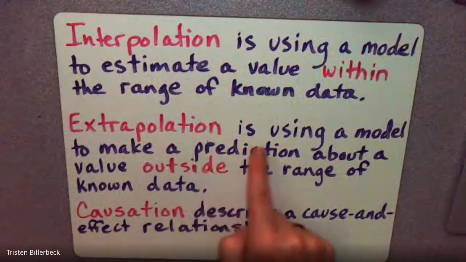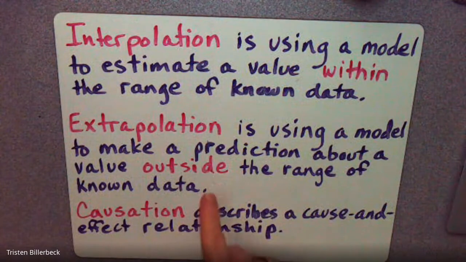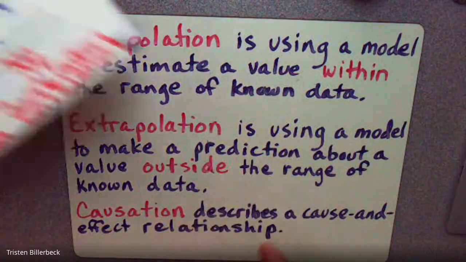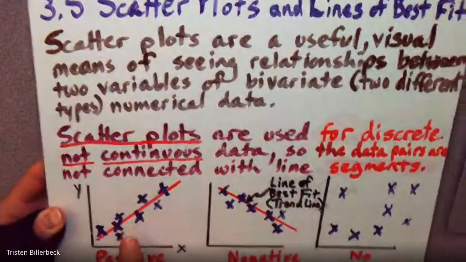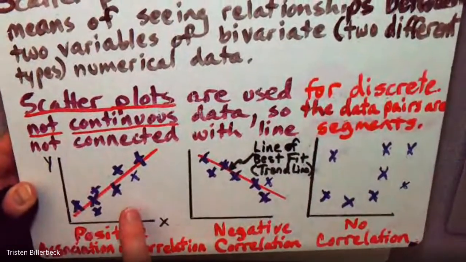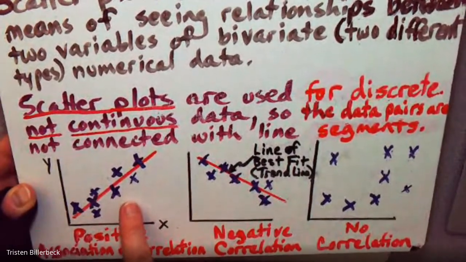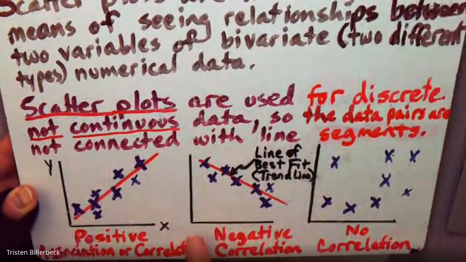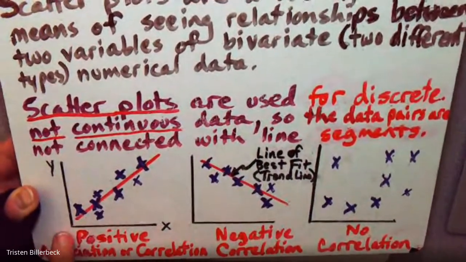Extrapolation is using a model to make a prediction about a value outside the range of the known data. So let's say I had this data right here, and I decided, hey, I want to know what it's going to be when x is way over here, way outside my data, or maybe at 0.